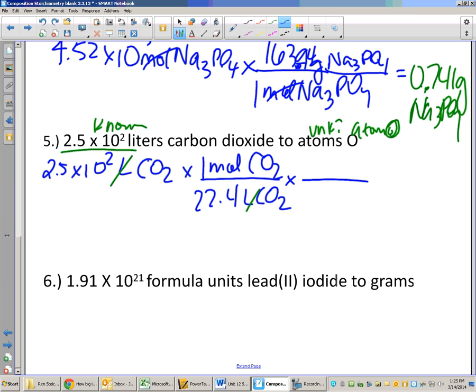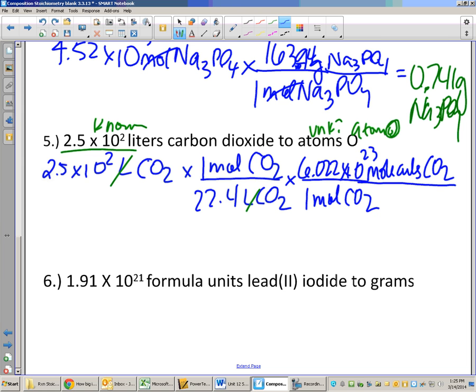So if I say 1 mole of carbon dioxide contains 6.022 times 10 to the 23rd molecules of CO2, that's gotten me down to what CO2 looks like, which is this guy. It's got me down to the molecule stage. Now I need to go one more. 1 second, I'm almost done with this one.